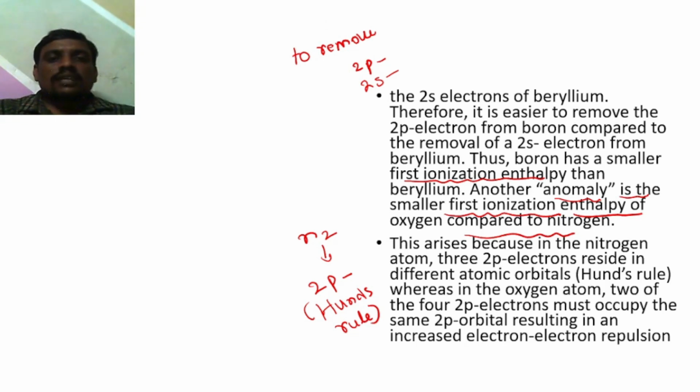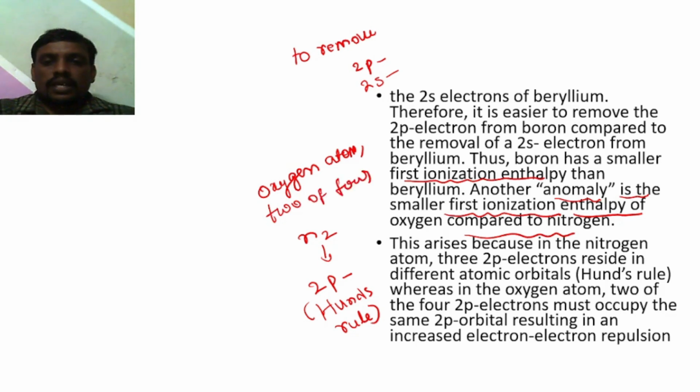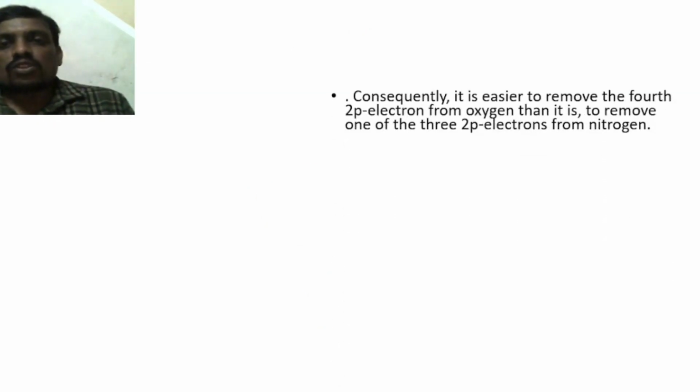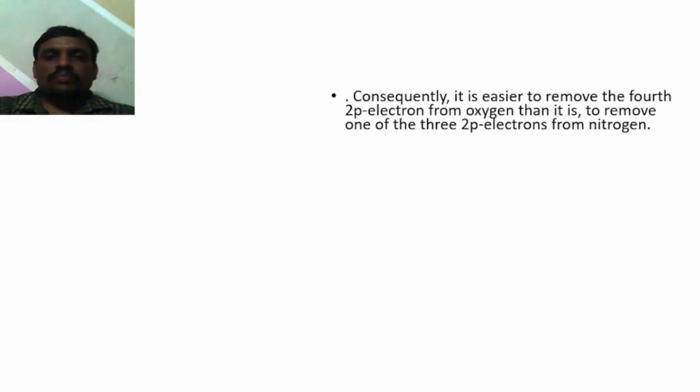Whereas in the oxygen atom, two of the four 2p electrons must occupy the same 2p orbital. This causes an increased electron-electron repulsion between the electrons.